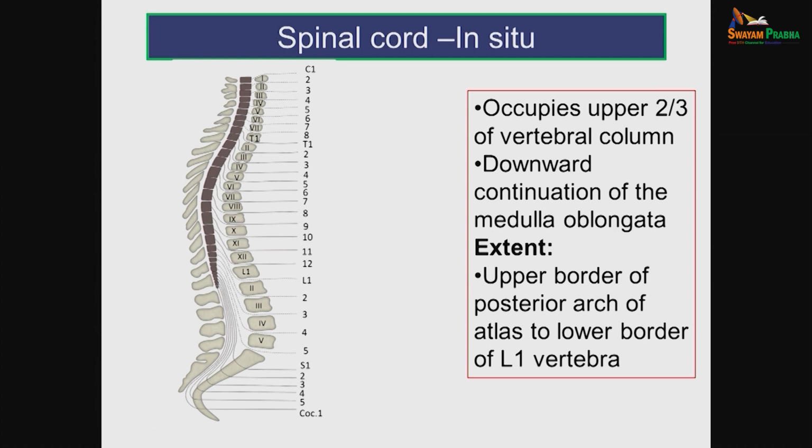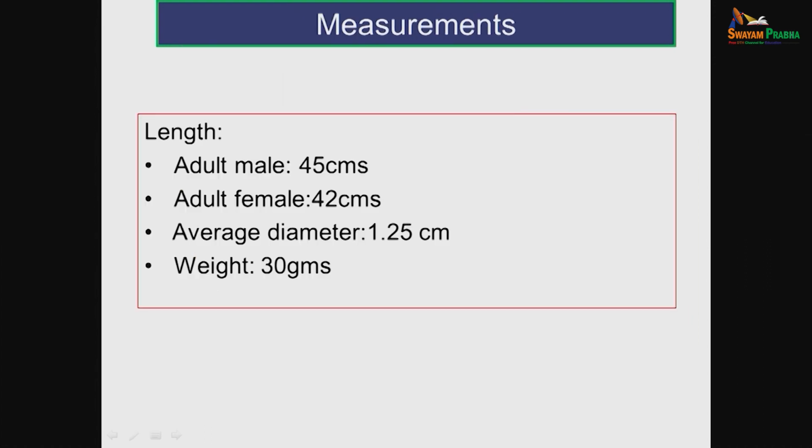So, the spinal cord terminates at the lower border of L1 vertebra. Coming to the measurements, in adult males, the length is 45 centimeters and in females, it is 42 centimeters. The average diameter is 1.25 centimeters and it weighs 30 grams.